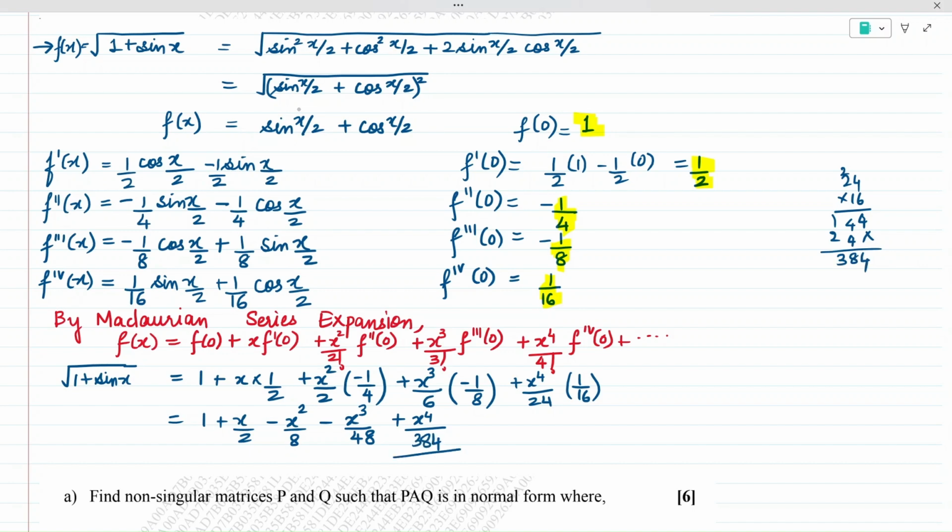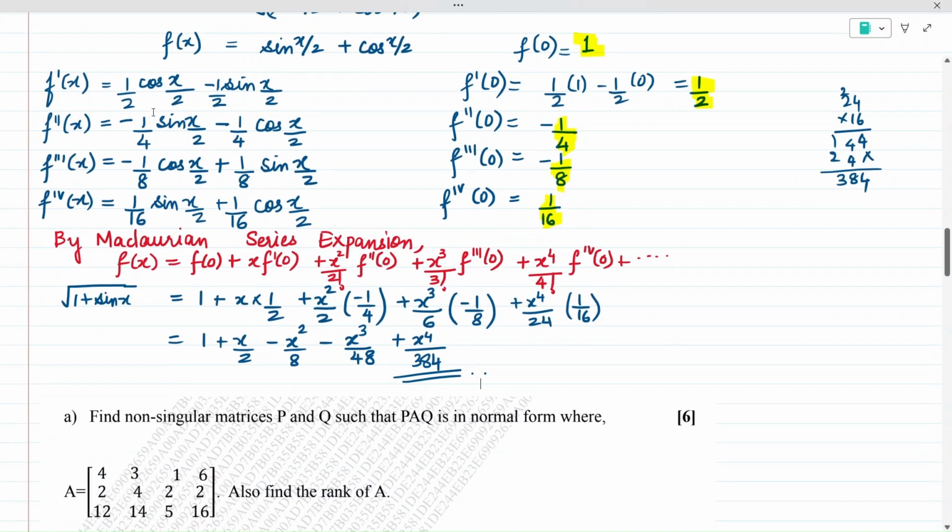Okay, so this is the required expansion. I hope question number 1 is very much clear to all of you. So this was question number 1. Each question is of 5 marks. All questions are compulsory. Let's move to question number 2.